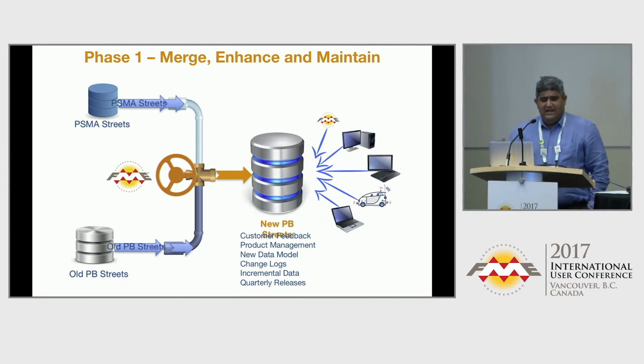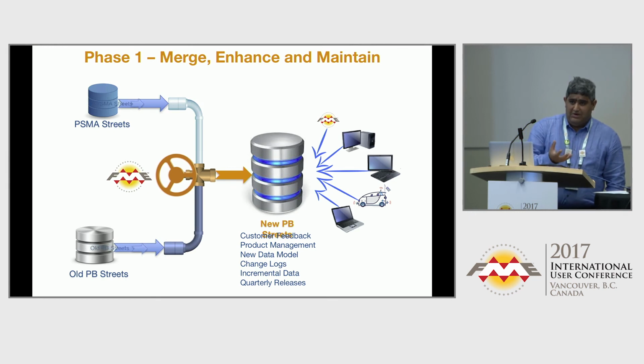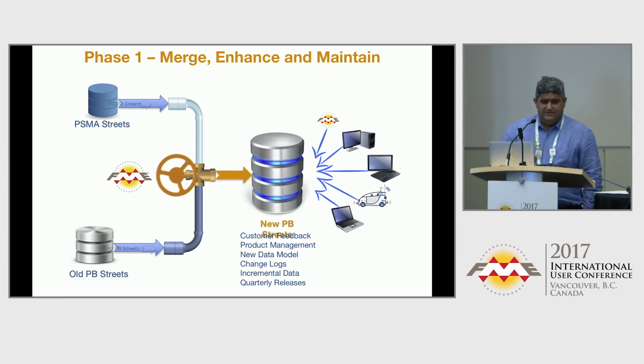So, as I mentioned, in phase one, the focus was to merge these two datasets and maintain it in an Oracle database so that we can value add for future updates. And at the same time, based on the roadmap from our product management, we wanted to change the data model.